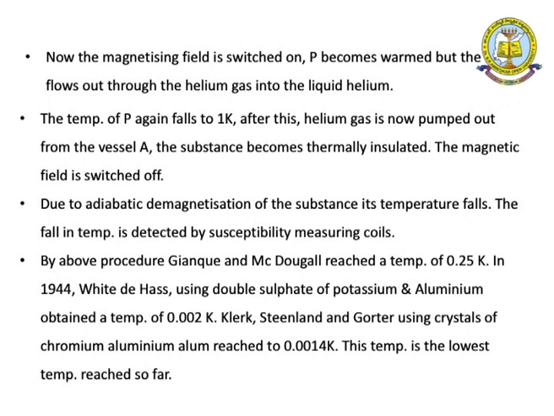After this, the helium gas is pumped out from vessel A, so the substance becomes thermally insulated, not in contact. Then the magnetic field is switched off. Due to this adiabatic demagnetization of the substance, its temperature falls.